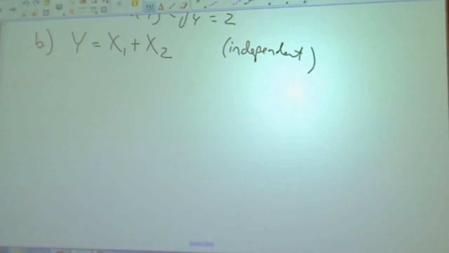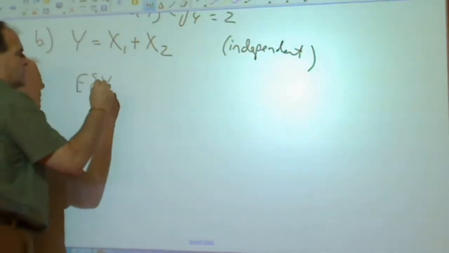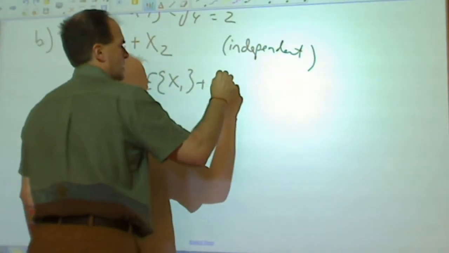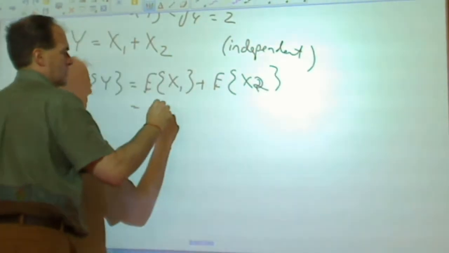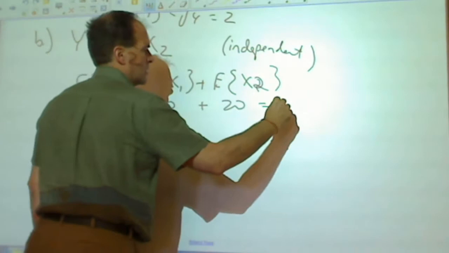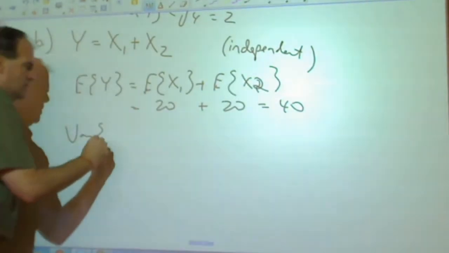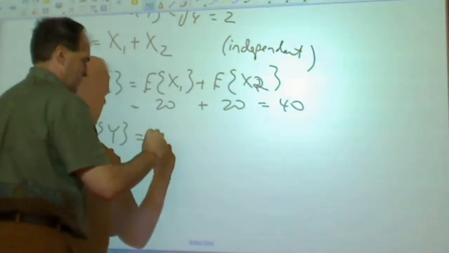What happens when you're adding? Yeah, the means add. You should get 40. Andrew, what happens to the variances? They add as well, if independent.